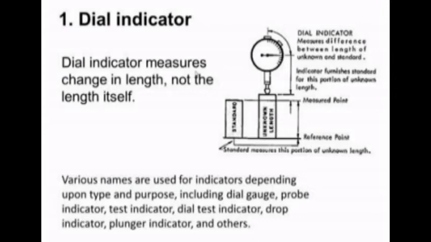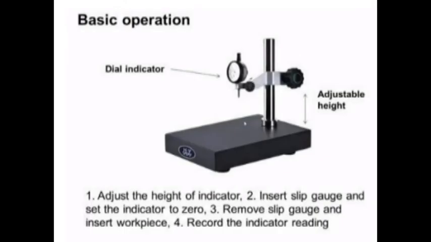Now let us study the basic operation of the mechanical indicator. This is the dial indicator, and we have a granite table or a cast iron table which is the reference surface, and then we have a column on which we have an arrangement for mounting the dial indicator. The dial indicator height can be adjusted by moving the bracket, or the dial indicator itself can be moved up and down, and then it can be clamped by using this knob.